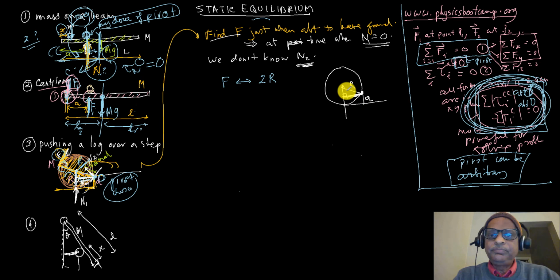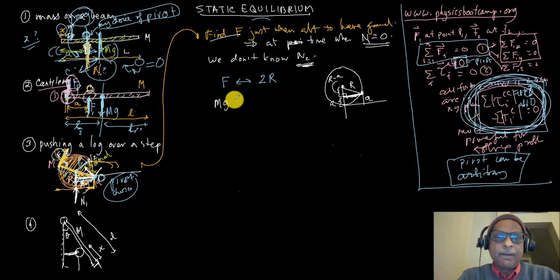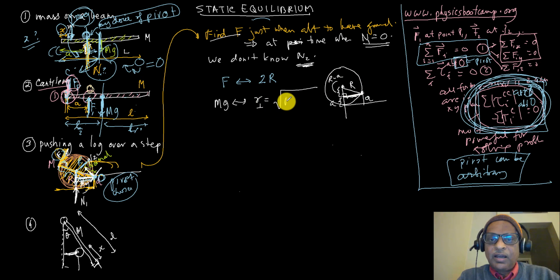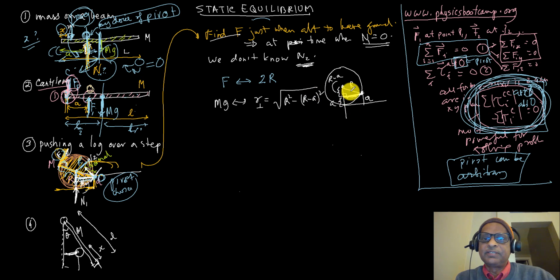Well, how are we going to do it? So this is a here, so this is r minus a here, so we can use this. So the mg lever arm will be the square root of r squared minus (r minus a) squared. See that? So this is a right angle triangle.